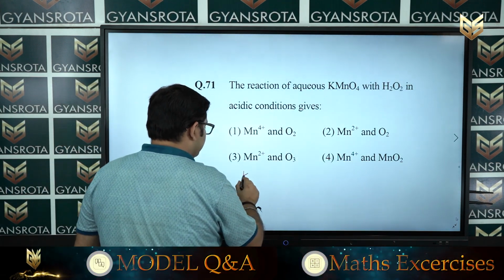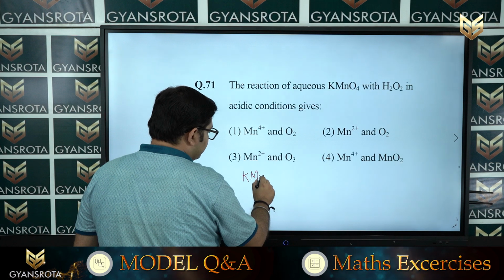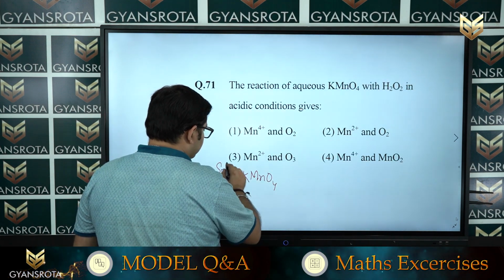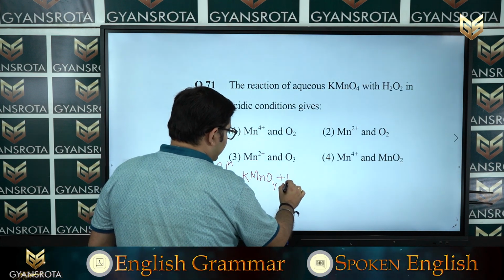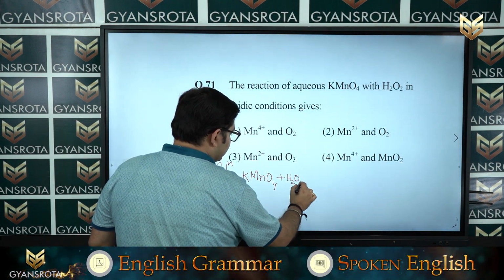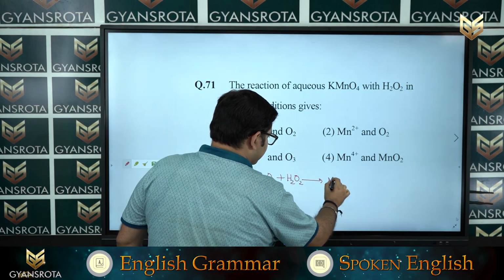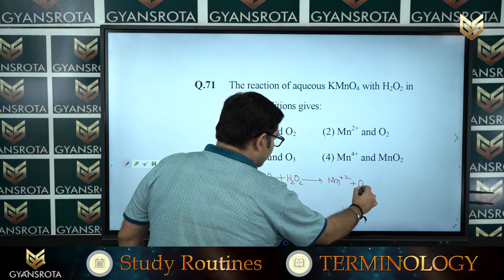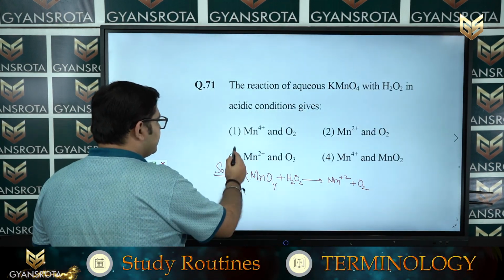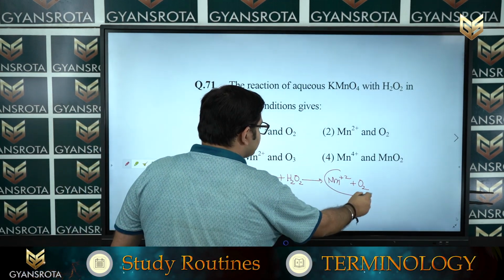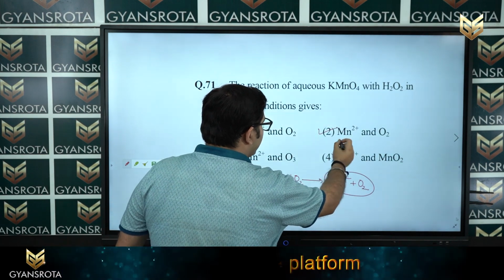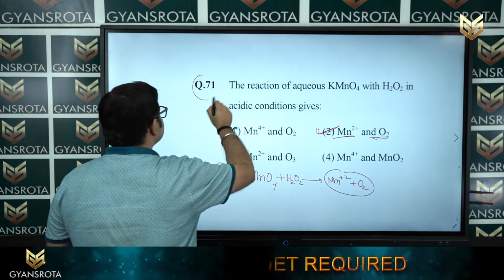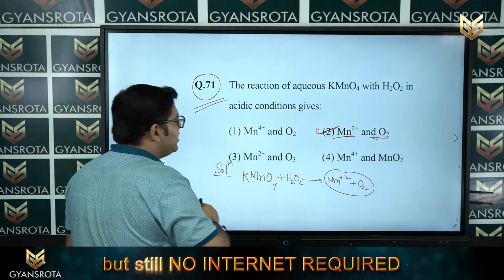When KMnO4 reacts with hydrogen peroxide, it will give Mn+2 plus oxygen. Now if you see where you will get this option, your option number 2, where Mn+2 and oxygen, option number 2 is the correct answer of your question number 71.